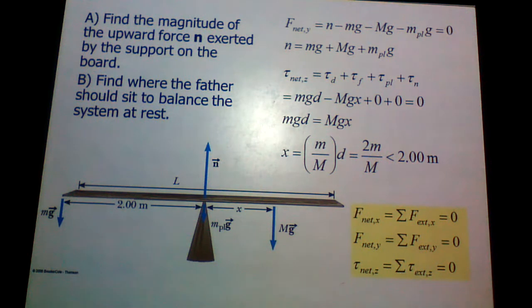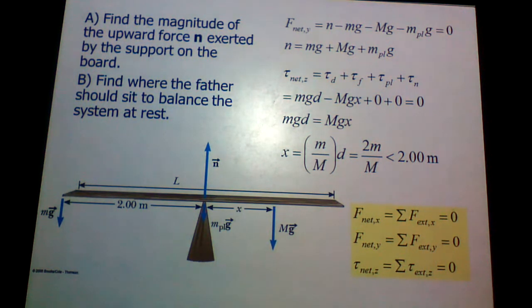If the father moves, then that could offset the equilibrium, causing this plywood to rotate about its axis or about its pivot point. So I'm going to say torque of the daughter and the torque of the father. So the father and the daughter could both apply some type of torque. We know that torque is just equal to R times F, our force times our lever arm.